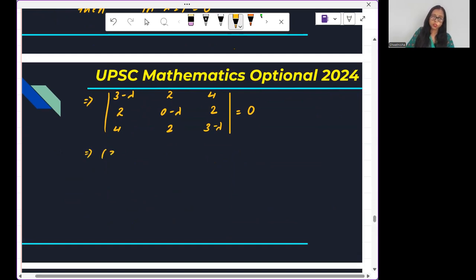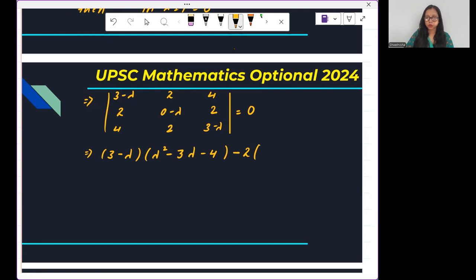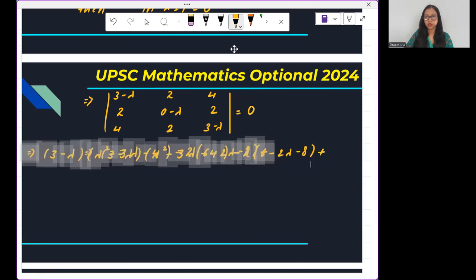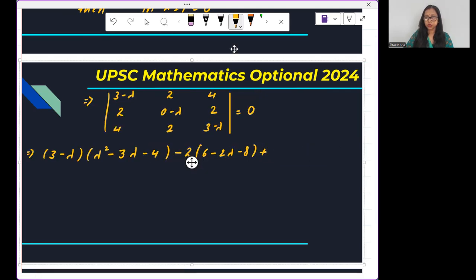So it implies 3 minus lambda times lambda square minus 3 lambda minus 4, minus 2 times 6 minus 2 lambda minus 8, plus 4 plus 4 lambda is equals to 0.